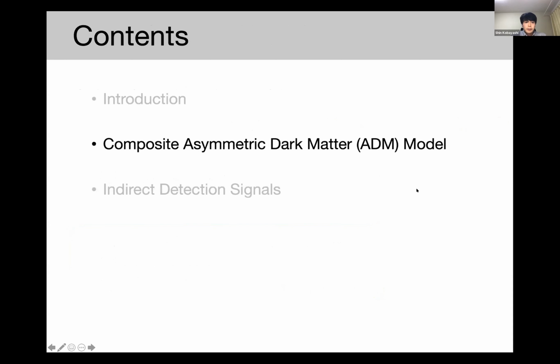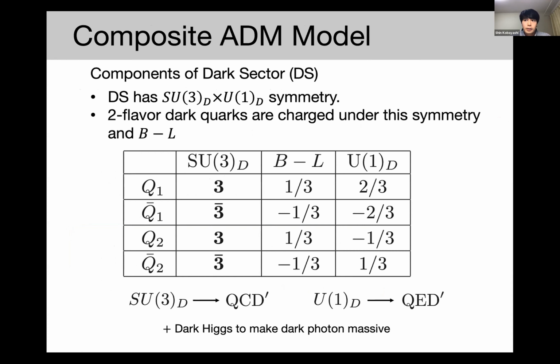Next, we move on to the concrete model of the asymmetric dark matter. To build a simple and efficient asymmetric dark matter model, the choice of composite dark matter is simple and realizable, because we need the strong annihilation cross-section to annihilate away the symmetric part of the dark matter and anti-dark matter in the early universe.